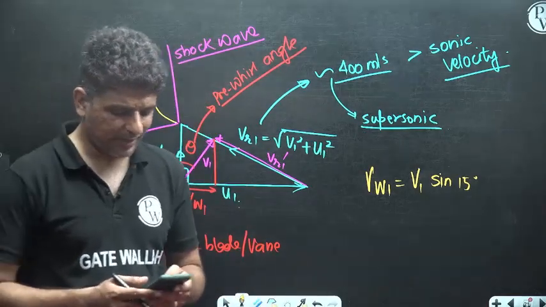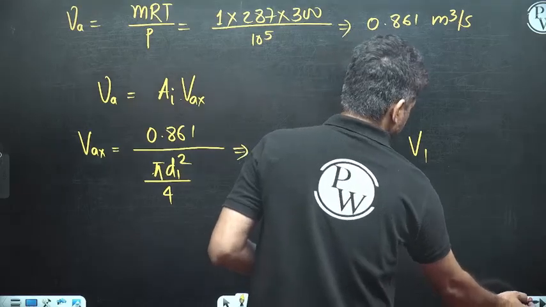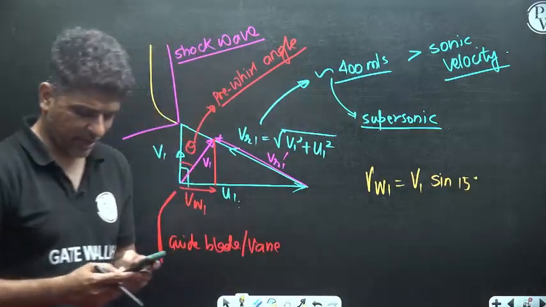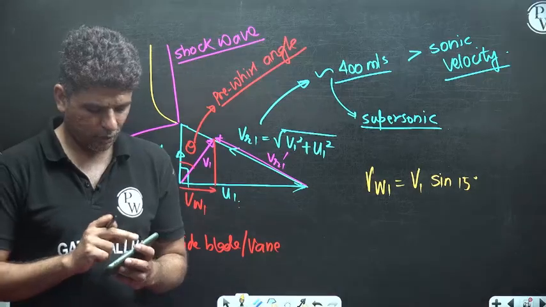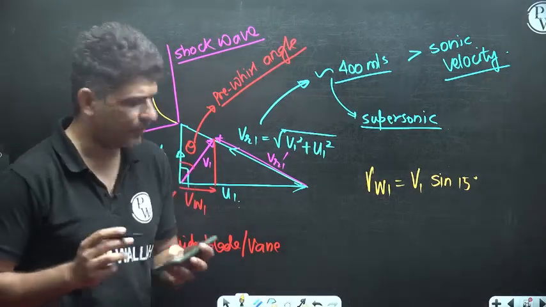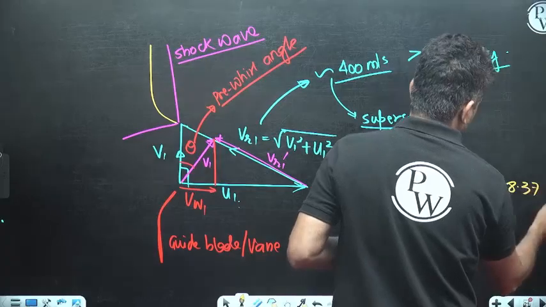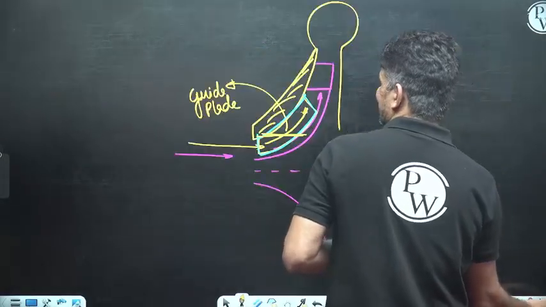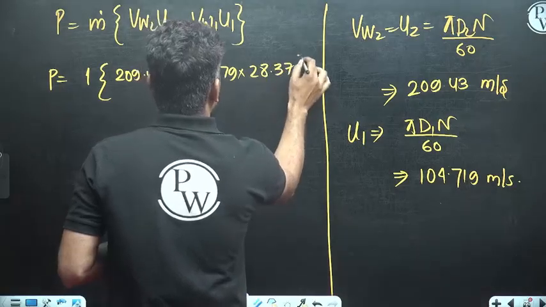V1 is 109.62, multiplied by sine of 15. Sine of 15 comes out to be 28.37. So we take this value 28.37 and put it over here. Is it clear?